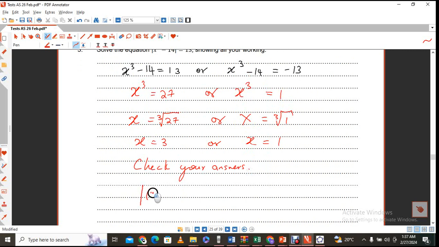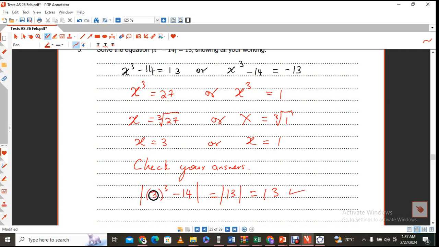All right, for example, if you have 3 cubed minus 14, if x is equal to that, this obviously gives you 27 minus 14, which is the absolute value of 13, which in any case is equal to 13.